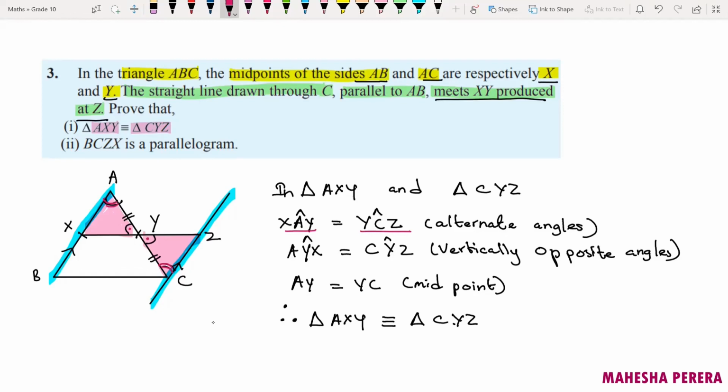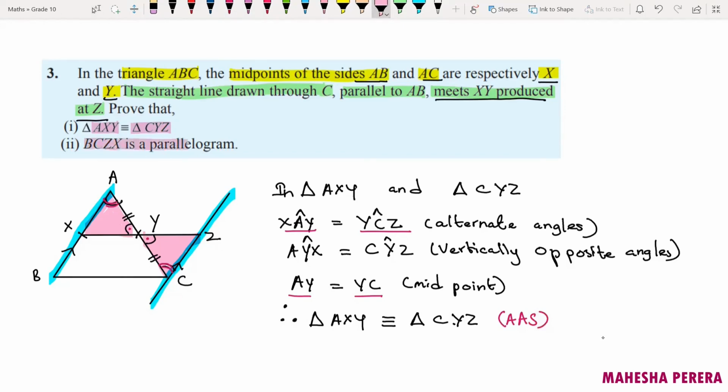And also AY equals YC because Y is the midpoint of AC. Therefore, we can say these two triangles are congruent. The case is AAS, angle, angle, side.